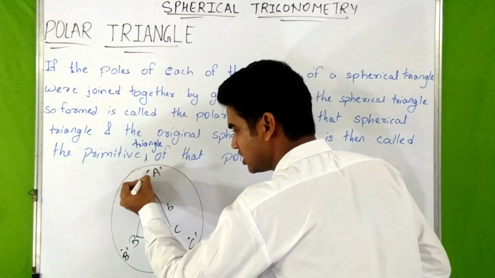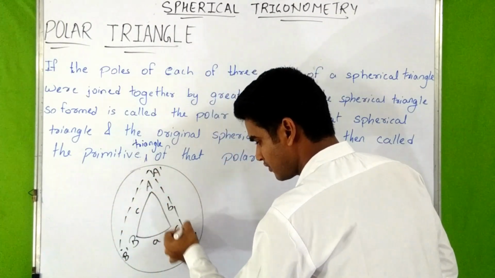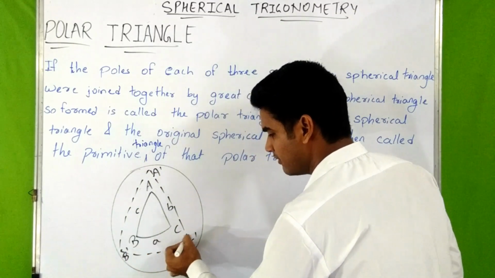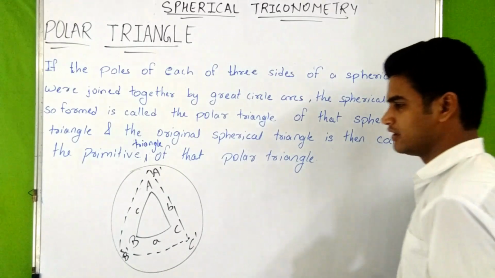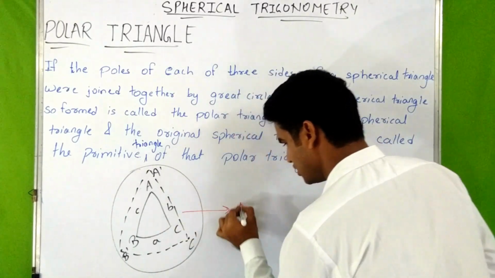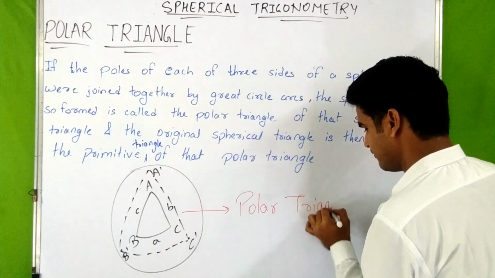Now, after joining these three poles with arcs of a great circle, we get a spherical triangle, and this spherical triangle is known as the polar triangle.